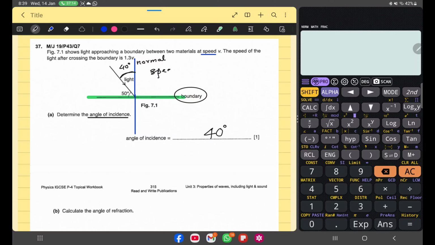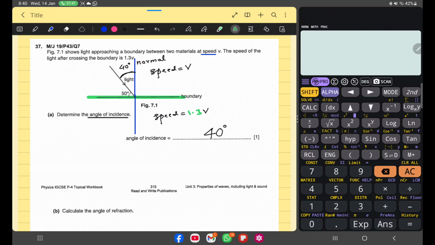Speed in this medium is v, and speed in this medium is 1.3 v. So this is the initial medium, this is the final medium. You are given these two media, and you can see whether the speed increased or decreased.